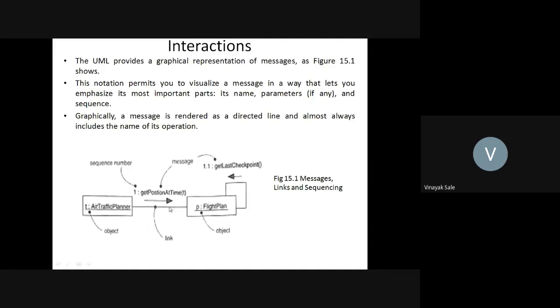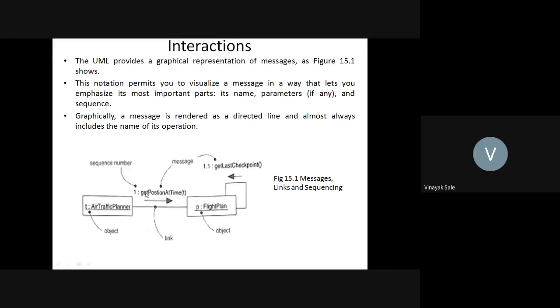This is the link. Then this is another object. Get position at time T is the message, sent from the air traffic planner to the flight plan.